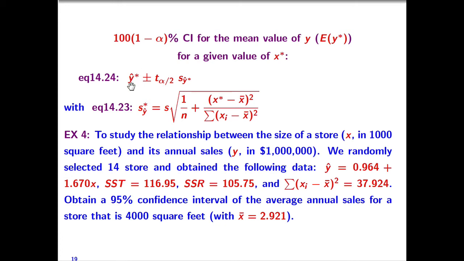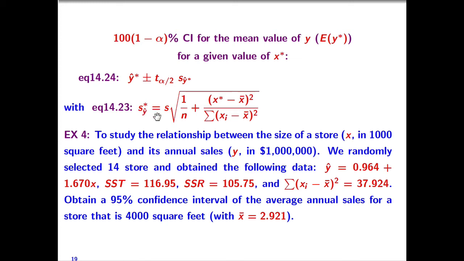So this is y hat star, the predictive value of y for a given value of x, plus or minus the critical value t of alpha over 2 times the standard deviation of y hat star, where we'll be able to find this s y hat star by using equation 14.23.